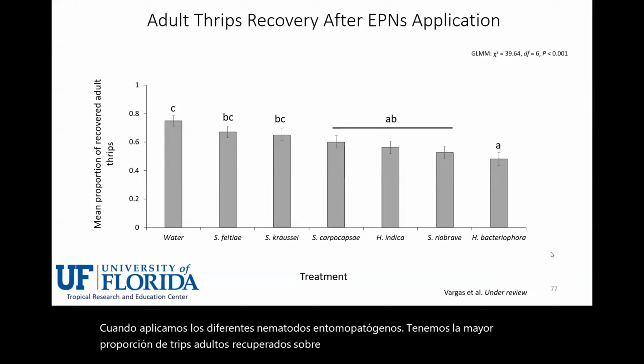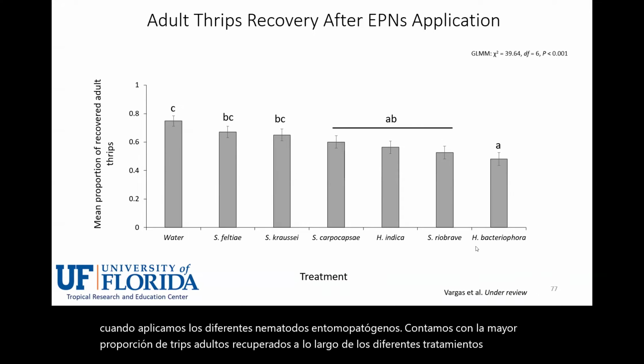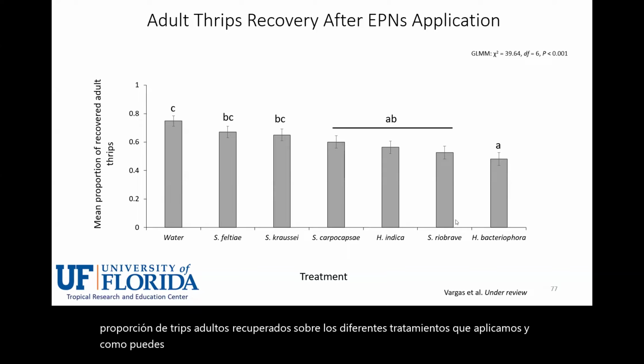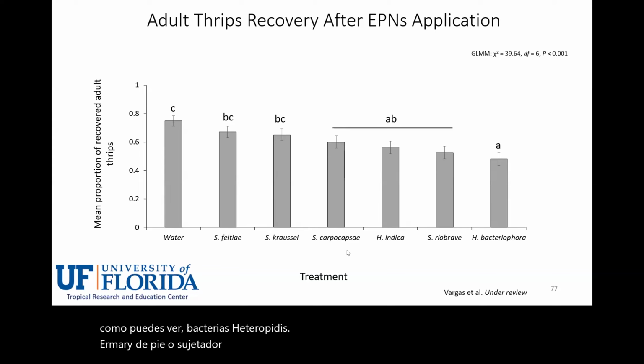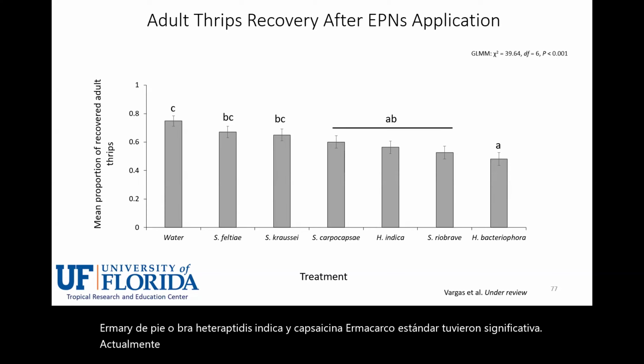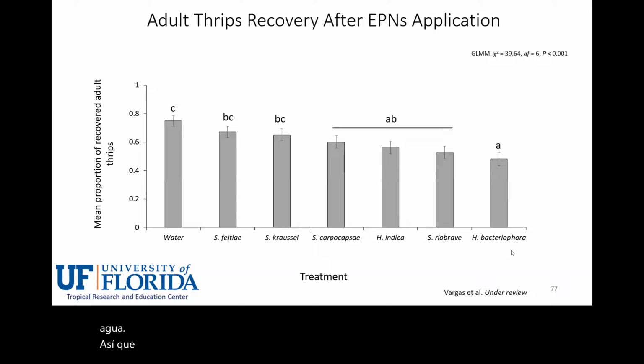As you can see, Heterorhabditis bacteriophora, Steinernema rio brave, Heterorhabditis indica, and Steinernema carpocapsae had significantly fewer thrips emerging from the soil in comparison to the water control. So these 4 species were further selected for greenhouse evaluations.